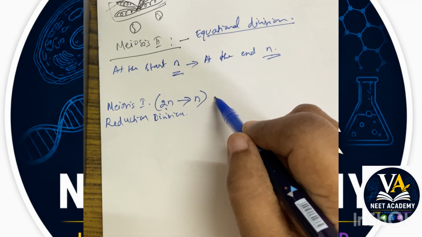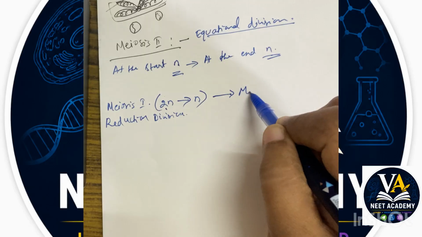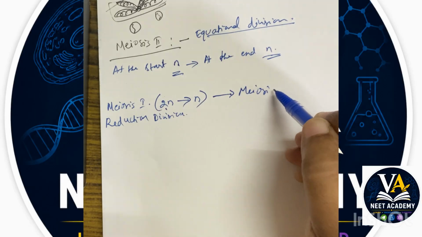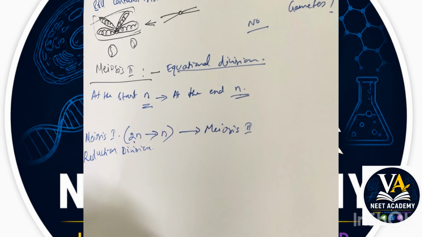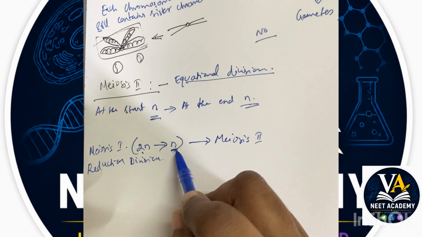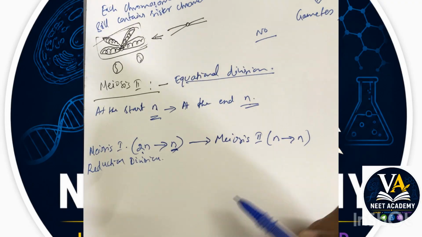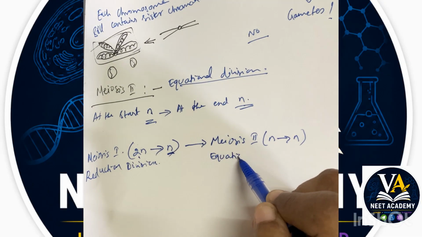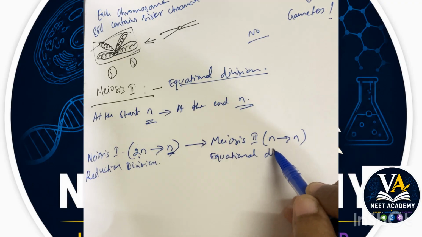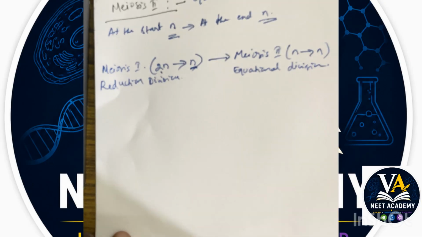Now this has to undergo meiosis II. So what happens in meiosis II? This undergoes meiosis II, so n becomes n, and this is why it is called an equational division. Hope it's clear.